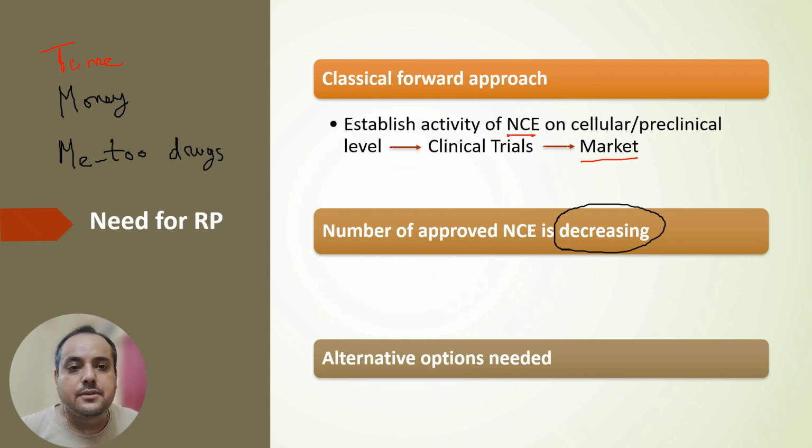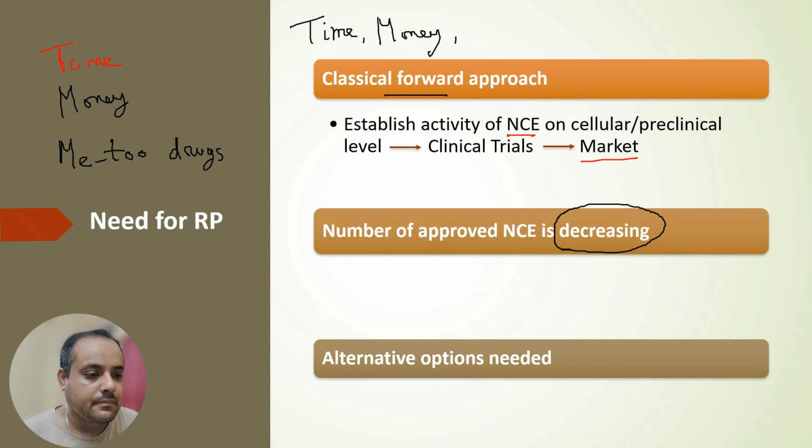It takes care of the three most important bottlenecks of the classical or conventional drug approach. Those three bottlenecks are time, money, and toxicity. These three bottlenecks are taken care of by the reverse pharmacology approach.